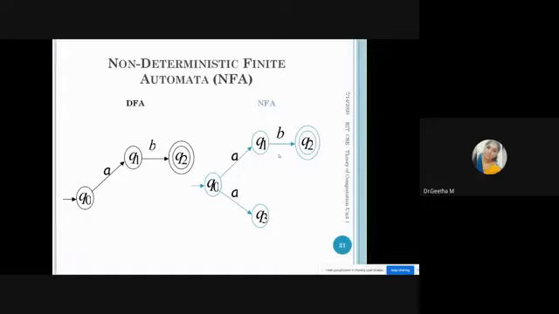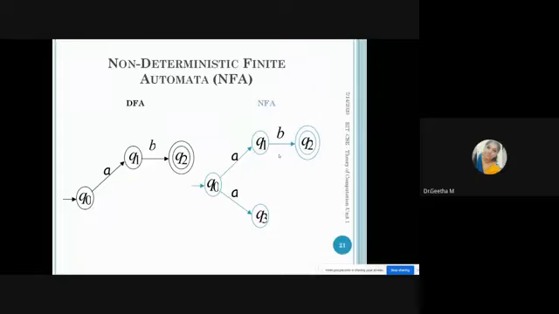But coming to the NFA side, non-deterministic finite automata, see the state Q0. At Q0, for input symbol A, it can move to either Q1 or Q3. So at Q0, you get confusion about where to move. It leads to non-determinism, so this kind of finite automata is called non-deterministic finite automata.